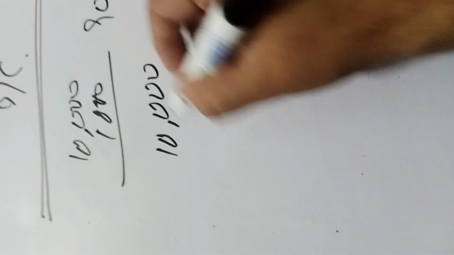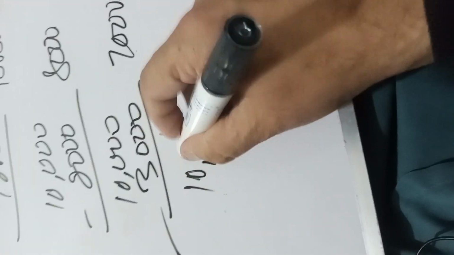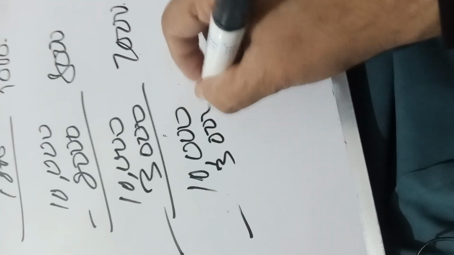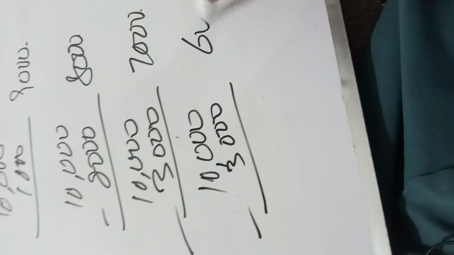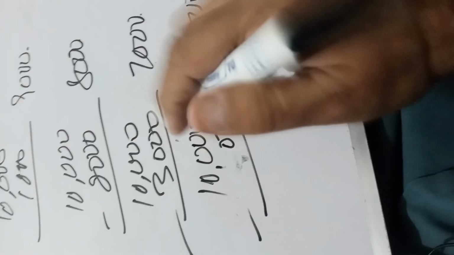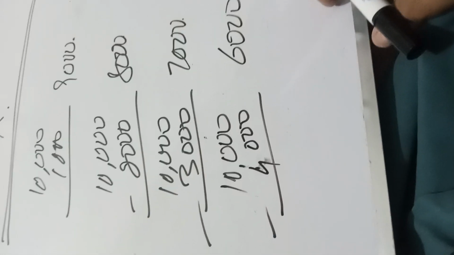This is the effect in the first year. 10,000 minus 2,000, the remaining will be 8,000. This is the effect in the second year. 10,000 minus 3,000, the remaining will be 7,000. This is the effect in the third year. 10,000 minus 4,000, the remaining will be 6,000. This is the effect in the fourth year.